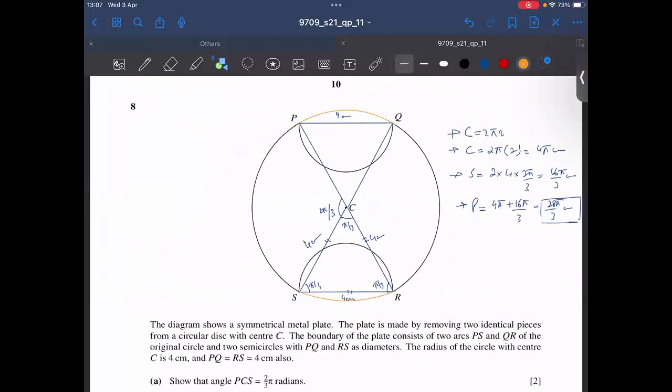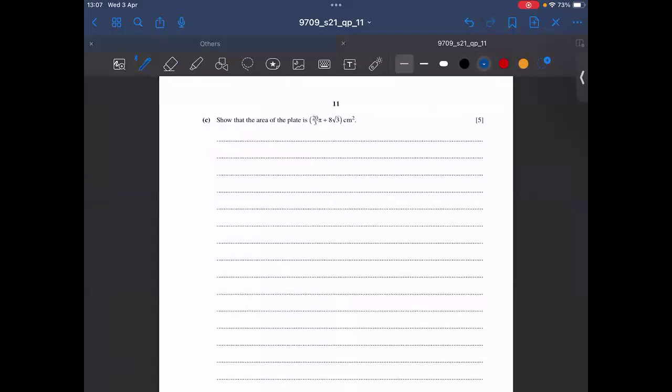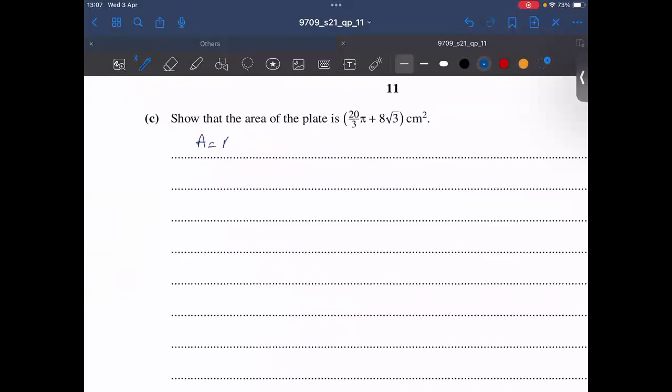So we have this complete circle, and let's just calculate the area of the circle. Area of the circle is going to be pi r square. So pi times 4 square. Quickly, can you tell me the value of the area?